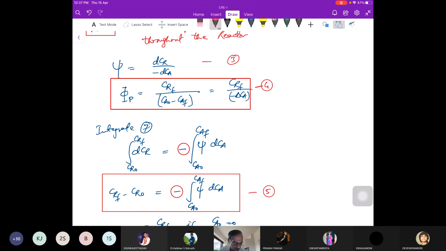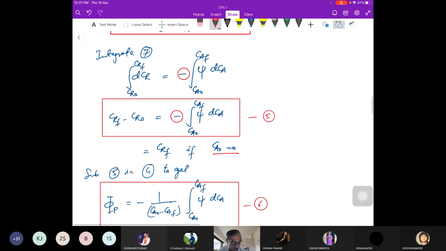So if we integrate this, we get CRF minus CR0 is equal to minus integral CA0 to CAF psi into dCA. Any questions on equation 5? Okay. So if CR0 is equal to 0, that becomes CRF.